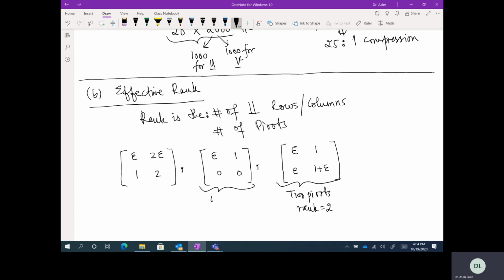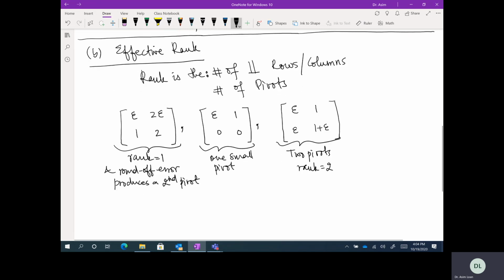Here we have 1 small pivot, and rank is 1, and round-off error produces a second pivot, right?